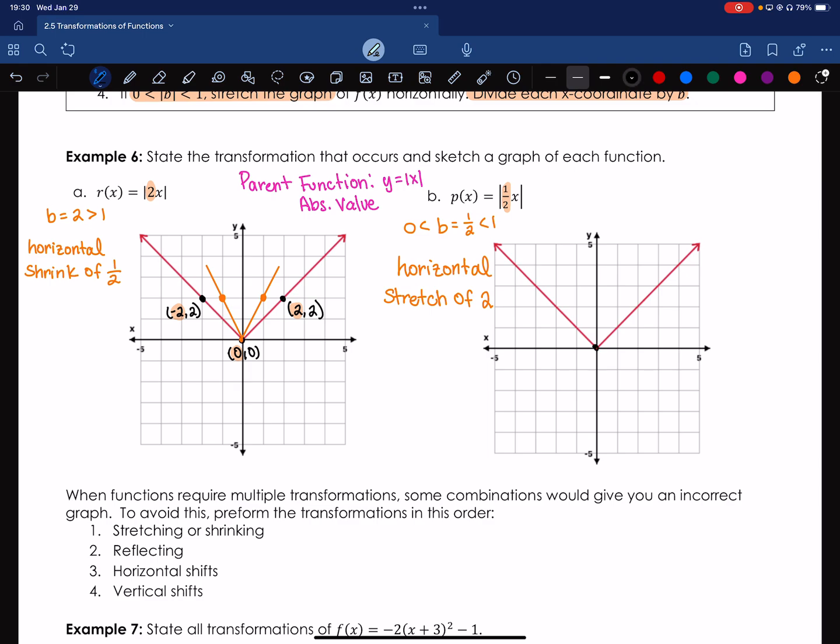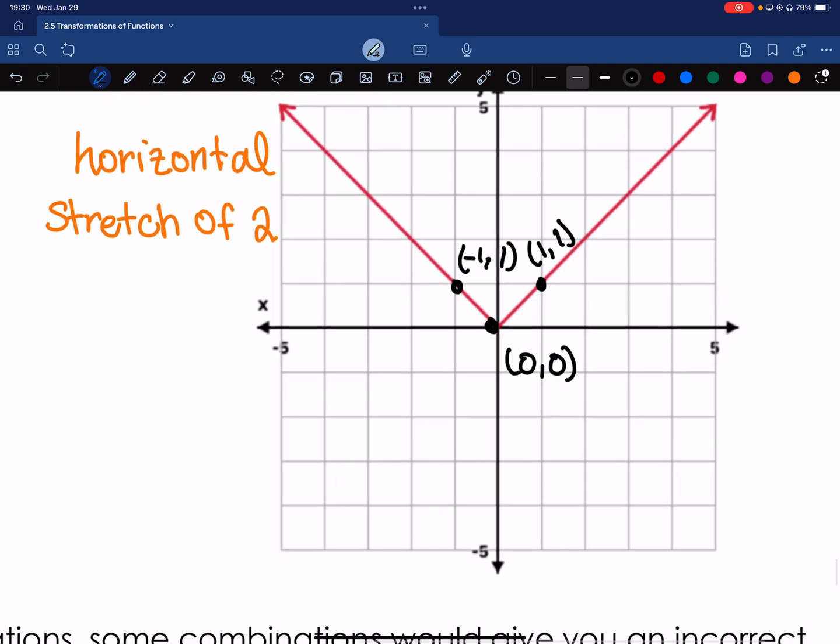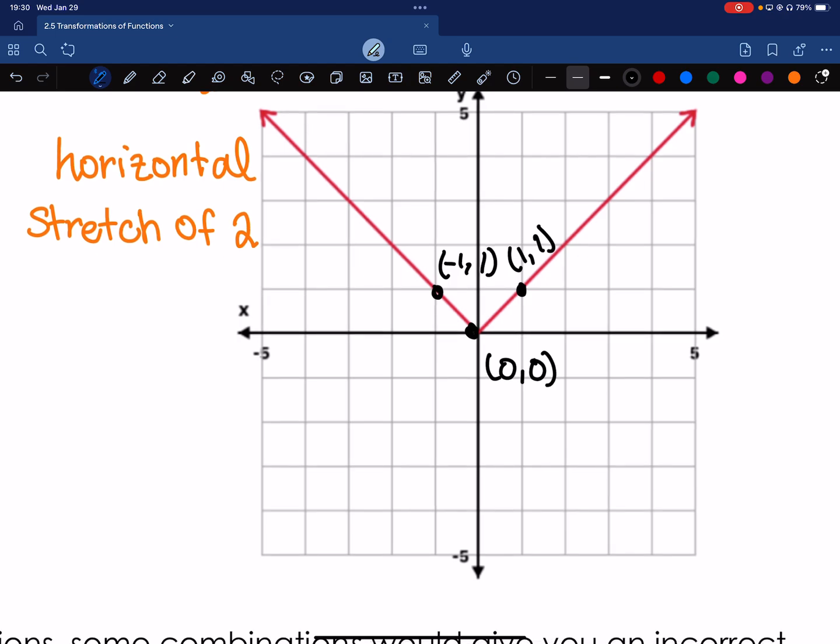Okay, so we'll do 0, 0, and this time we can do -1, 1, and then we can also do positive 1, 1. And so again, dividing by 1/2 is the same thing as multiplying by 2. So this time we're going to take these x values and we're going to multiply by 2 or divide by 1/2.